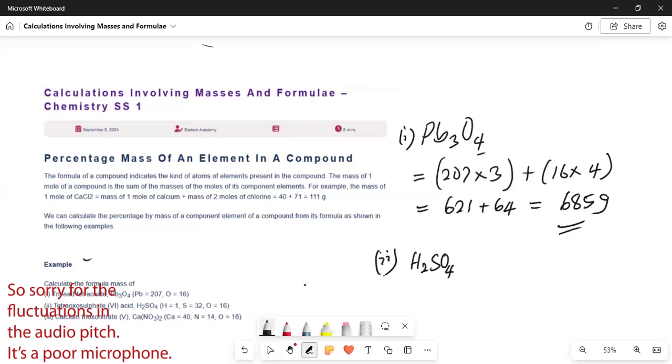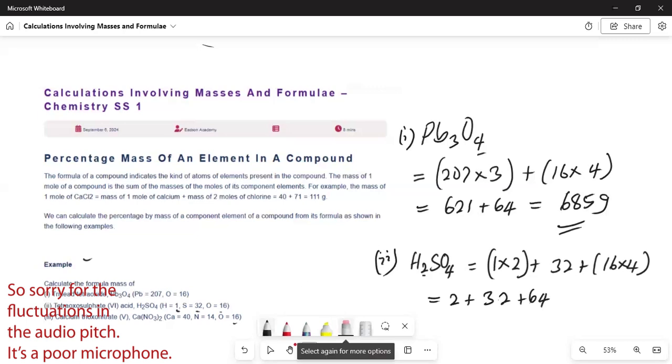Given that the mass of hydrogen is 1, sulfur is 32, and oxygen is 16, the molar mass of H2SO4 will be 1 for hydrogen, but there are 2 atoms of hydrogen, so 1 times 2, plus sulfur is 32, and you have only 1 atom, so that is 32, plus oxygen is 16, but there are 4 atoms of oxygen there, so 16 multiplied by 4, which is 64. Adding up all of this together, 32 plus 64 is 96, then 96 plus 2 is 98.